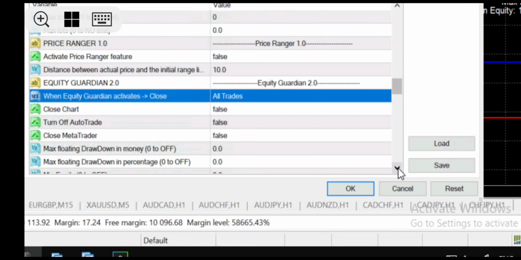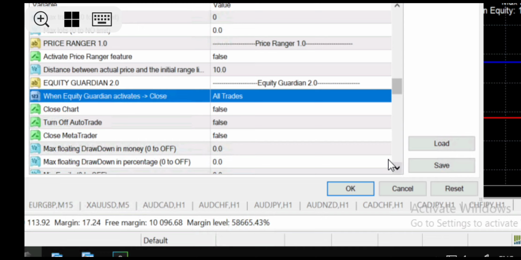What it's saying is, once your target is hit for the day, especially for prop firm traders, because we would have set a percentage, let's say I set to make 0.5% daily on my prop firm account. The moment that target has been hit, the equity guardian comes in.